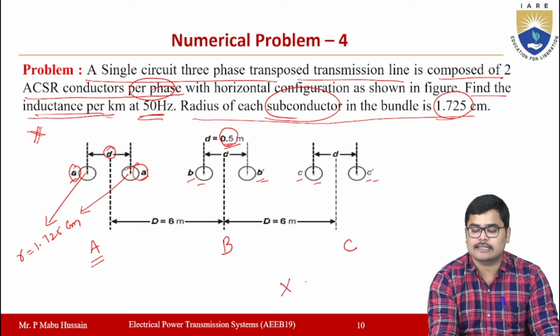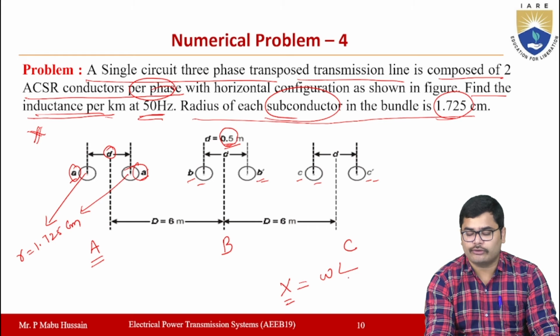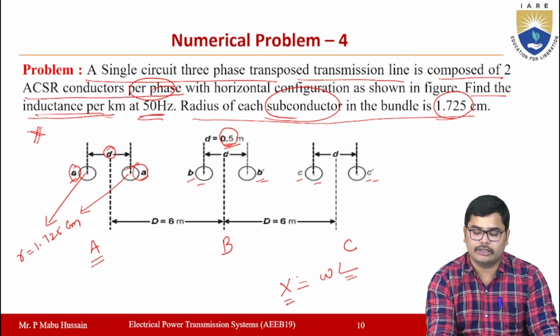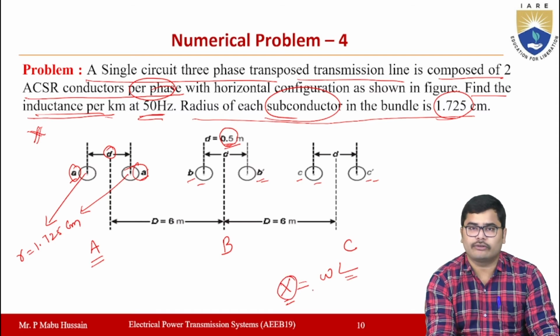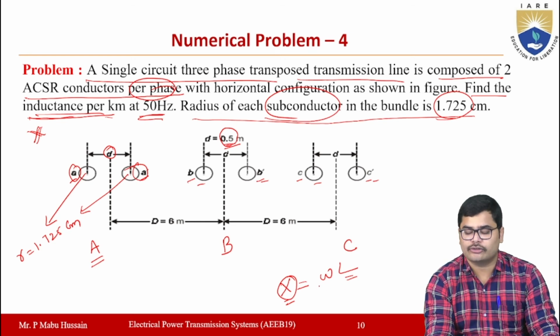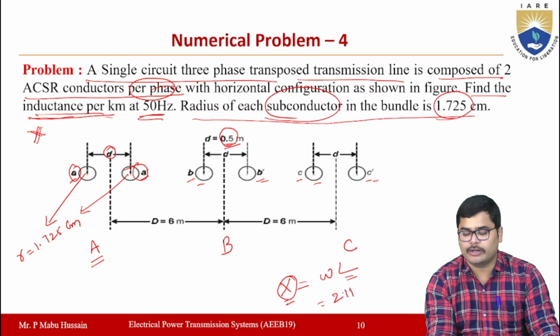Now here you have to calculate the inductance. Not inductive reactance, they ask to find out the inductance only. When they ask to find the inductive reactance, you can use X is equal to omega L, where omega is 2 pi F, and F is given as 50 here.